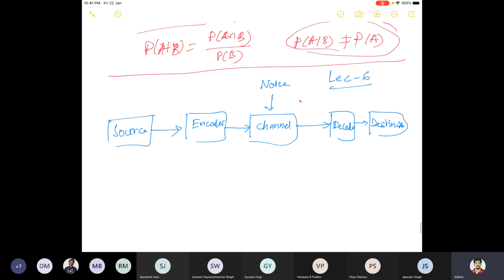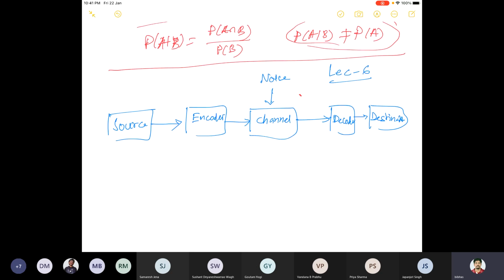Okay, so I must tell you that when we talk about the mathematical theory, it deals with mathematical models. We do not have physical sources or physical channels here. There is something which is physical, which can be implemented using physical devices.